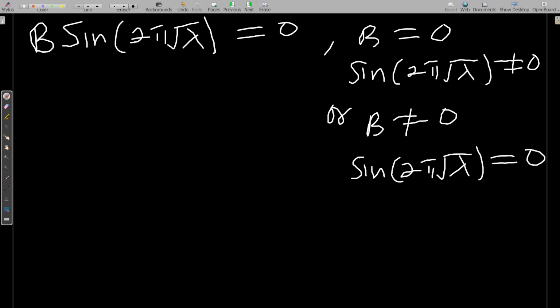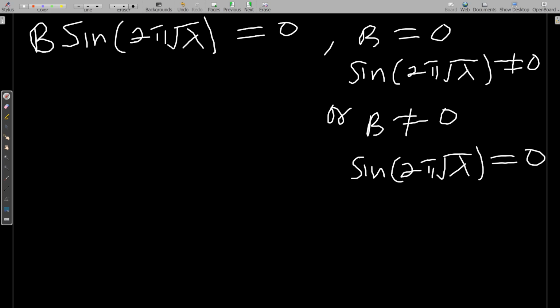In all three cases this should give us 0, because if b is 0, then b multiplying this will give me 0, and if sine of 2 pi square root of lambda is 0, then b multiplying that will also give me 0, and if both of them are 0, then their product will still give me 0. I hope you understand this.